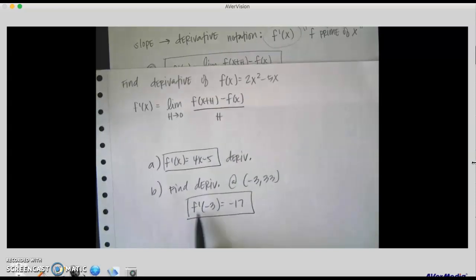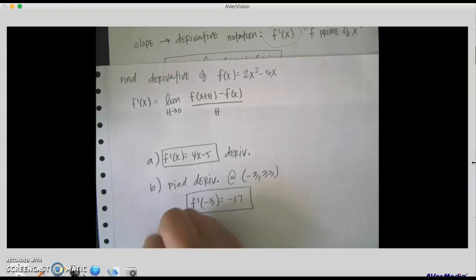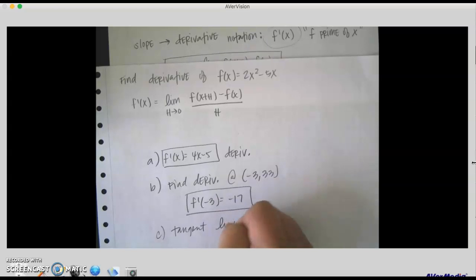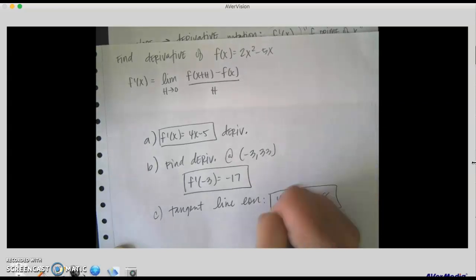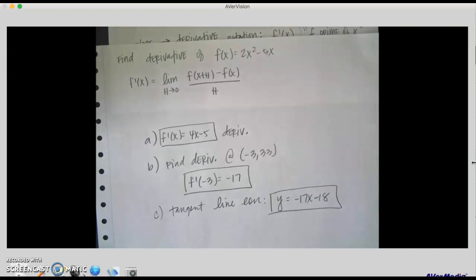So this is saying the slope at -3 equals -17. And see if you can find the actual tangent line equation, which comes out to be -17x minus 18. Okay. If you have any questions, feel free to email me, but I'm hoping that you'll be able to work out the derivative to find each of those 3 answers.